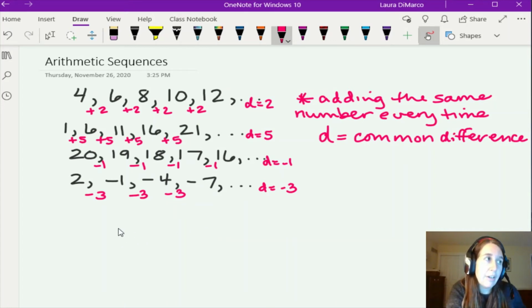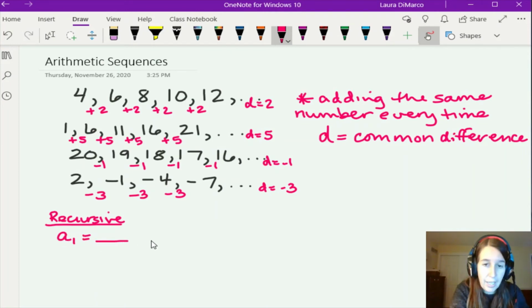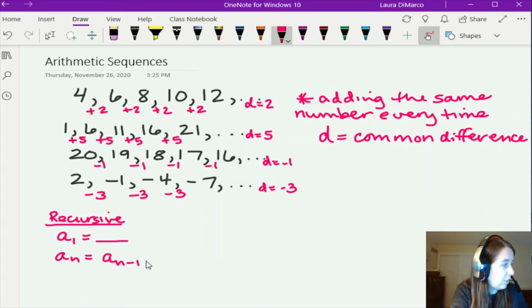Okay, so the formulas for an arithmetic sequence are pretty simple and based on that. So first we have the recursive formula. I don't know if you remember what recursive meant, but it means based on the previous term. So for the recursive formula, we have to state what the first term is. a sub 1 equals what number? And then a sub n is equal to a sub n minus 1, that's that previous term, plus d, okay?